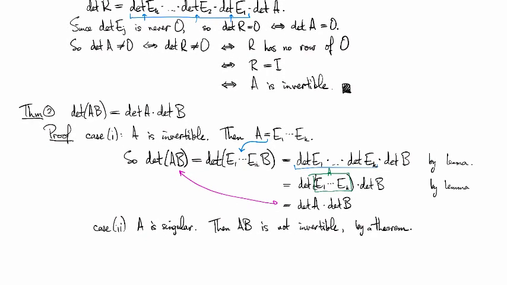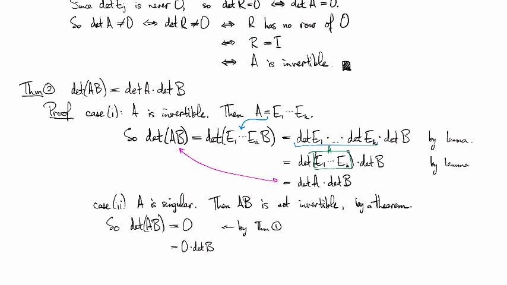So the determinant of AB must be equal to 0, by the theorem that we just proved. And 0 is the same as 0 times the determinant of B, because 0 times anything is 0. And I know that the determinant of A is 0 because A is singular, which is also by the first theorem.